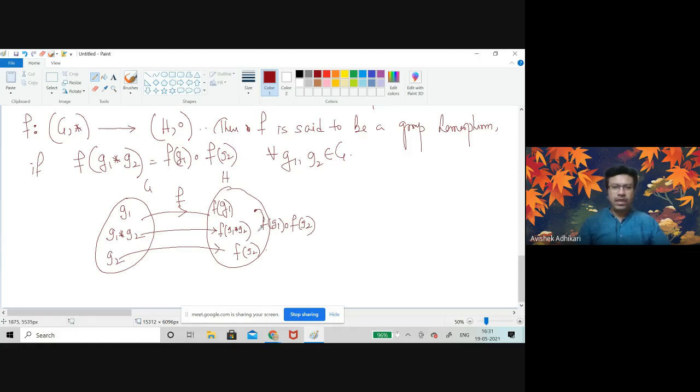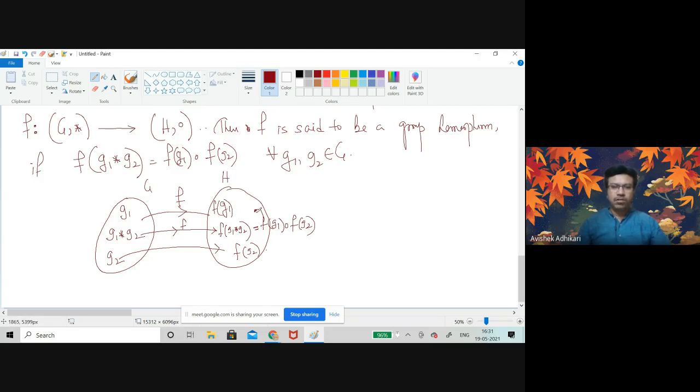Now if it happens that they are equal, that means first you have g1, g2, make g1 star g2, then apply F on it, so it will be F(g1 star g2). Now another way you can think of, you have g1, you have F(g1) here, similarly g2, you will have F(g2) here, and then with respect to this operation make a composition F(g1) composition F(g2).